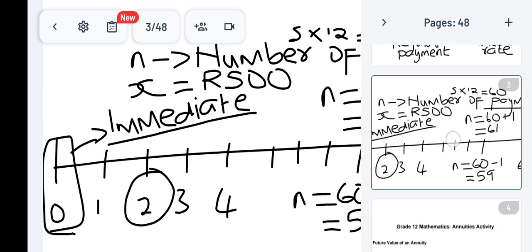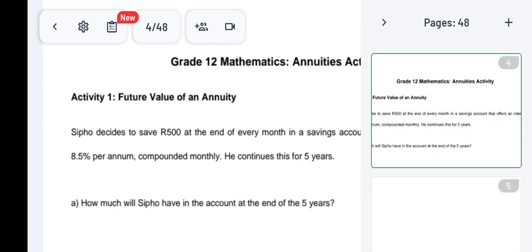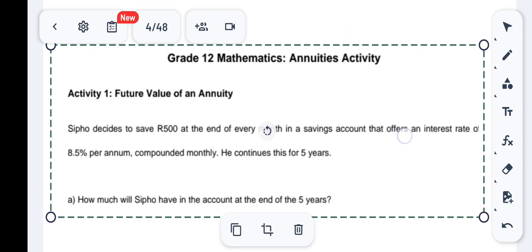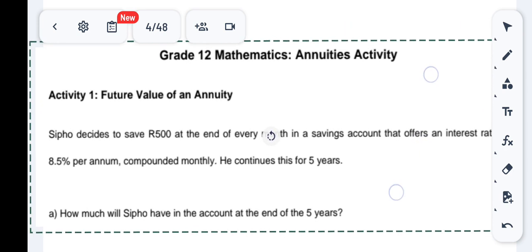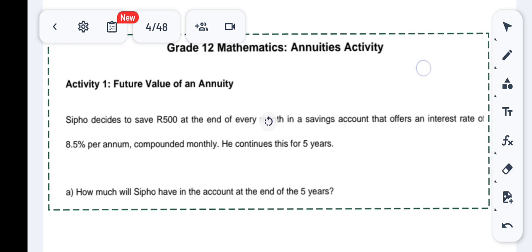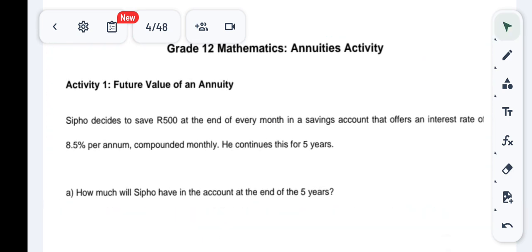So that is future annuity. Let's take an example here of future annuity. They are saying Sipho decides to save.